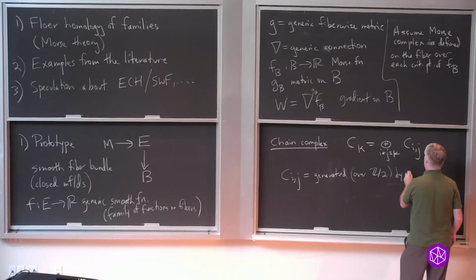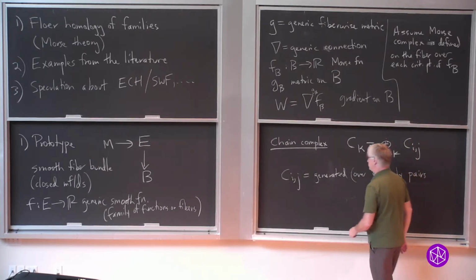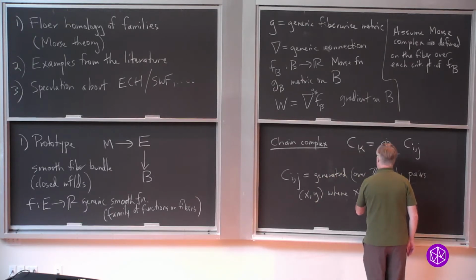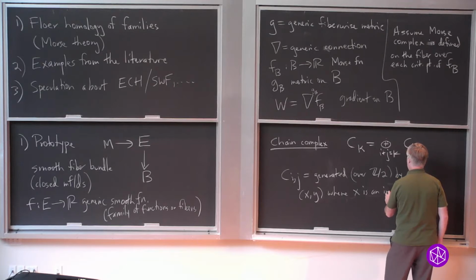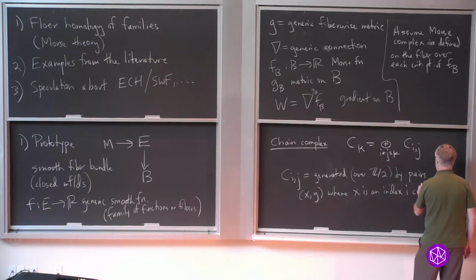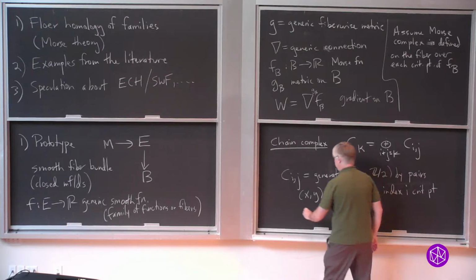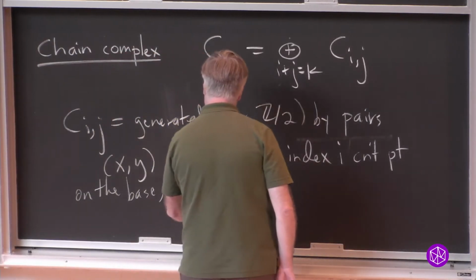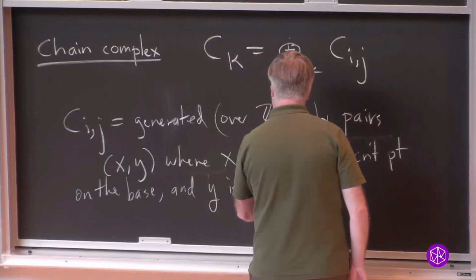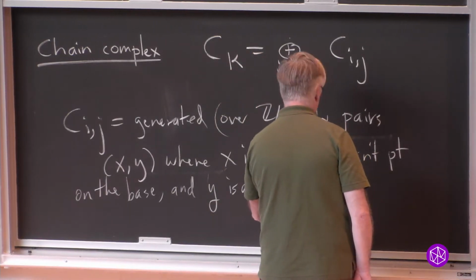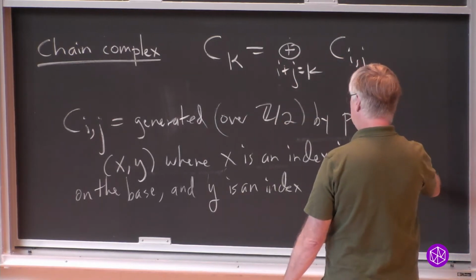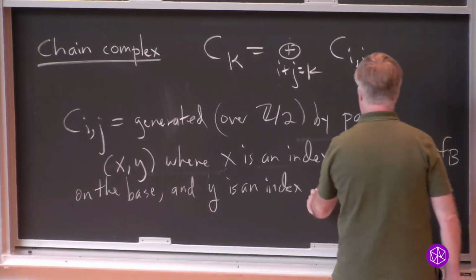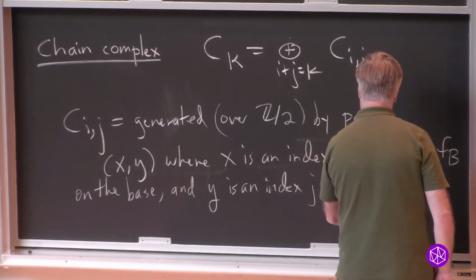It is generated by pairs (x, y), where x is an index i critical point of F_B on the base, and y is an index j critical point of the function on the fiber.